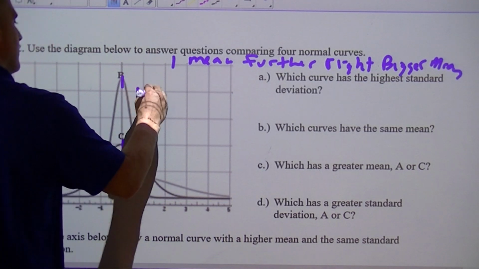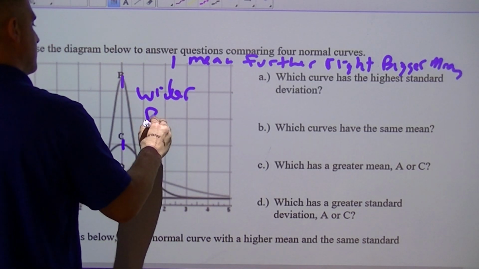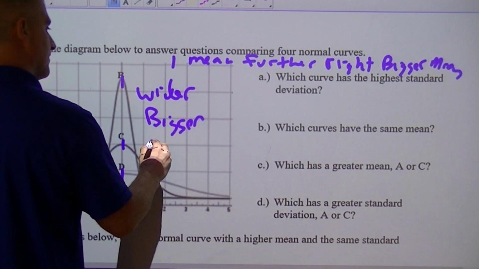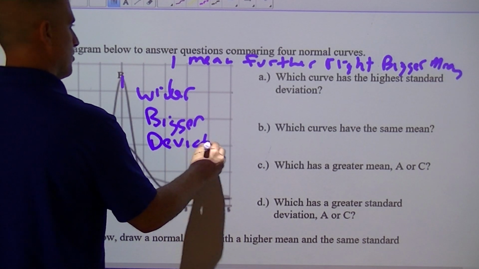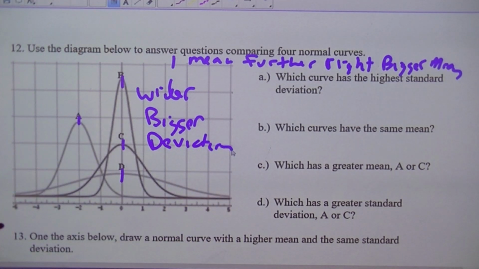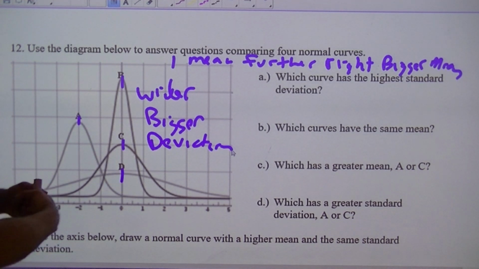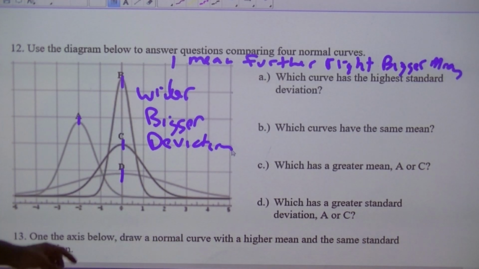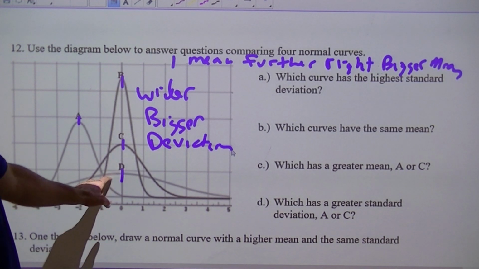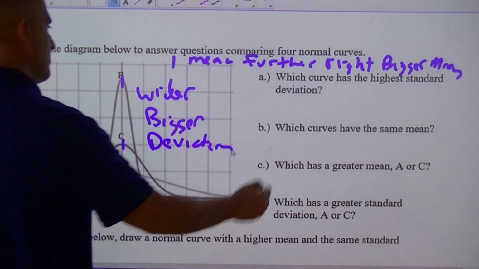The wider, the bigger the deviation. So which curve has the highest standard deviation? That would be the widest curve. The widest curve would be the letter D.